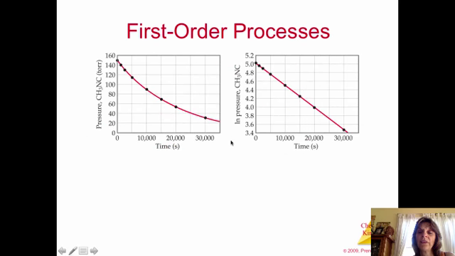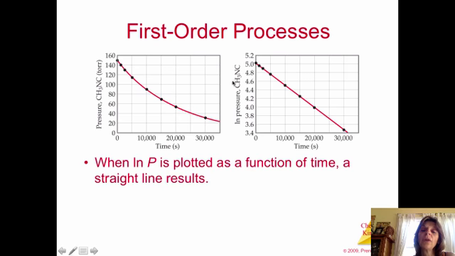When you plot that with a natural log against time, you get a straight line. That is a surefire sign that if you get a straight line with a negative slope with a natural log of the y value, it's a first order process. Notice also that this particular rate was measured as a change in pressure, and that's perfectly acceptable.